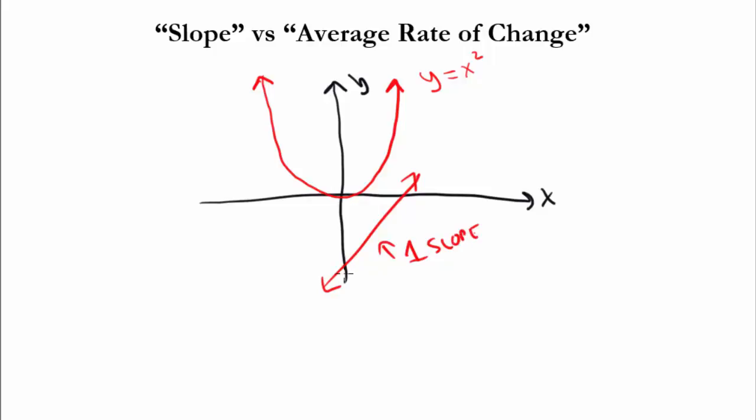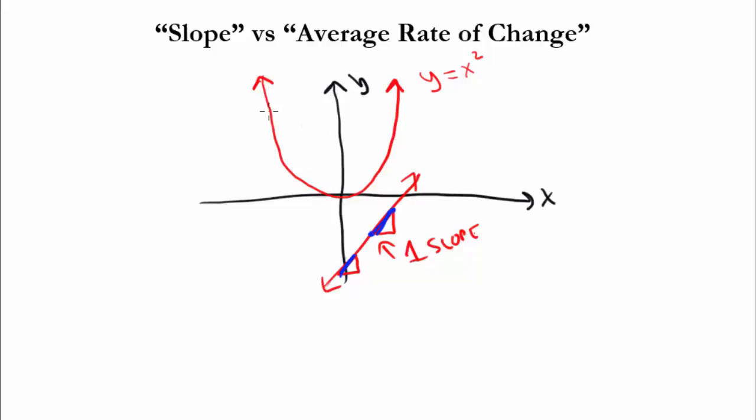You can calculate it down here, and it's the same as if you calculate it up here. The steepness doesn't change. In fact, that's what makes a line, because the steepness doesn't change no matter what 2 points you choose. Now, in y equals x squared, first off, there is no uniform steepness. It does not have a slope.